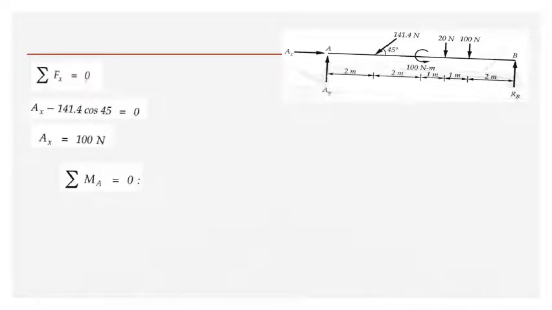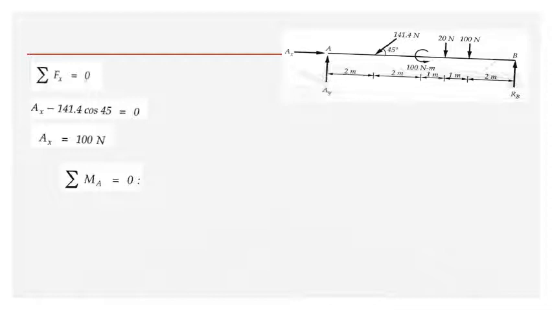Next, apply, take the moment. As I told, you can take the moment about the end A or end B, it doesn't matter. If we take the moment about the end A, we get RB. If we take the moment about the end B, we get AY, that is the vertical component at the end A. So AX and AY anyway do not produce any moment.